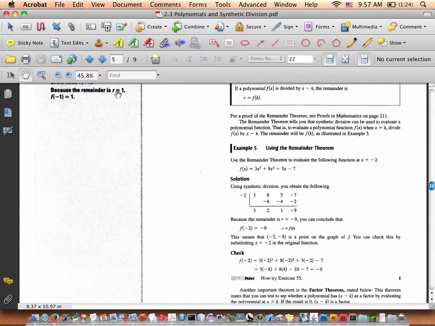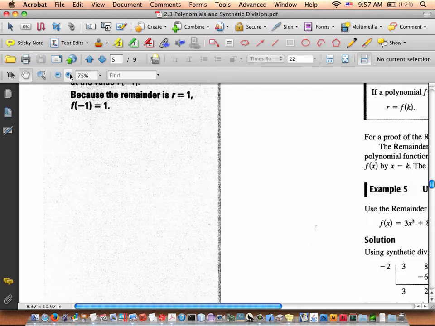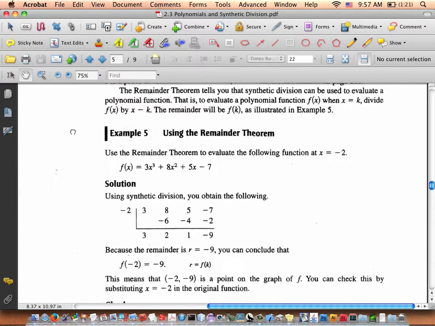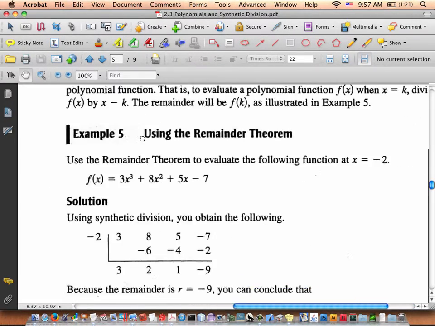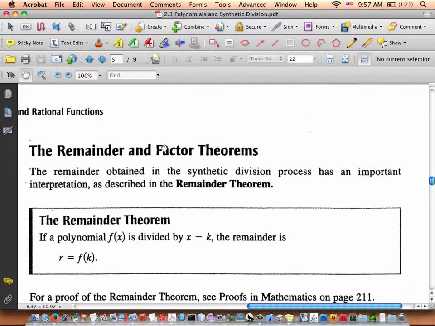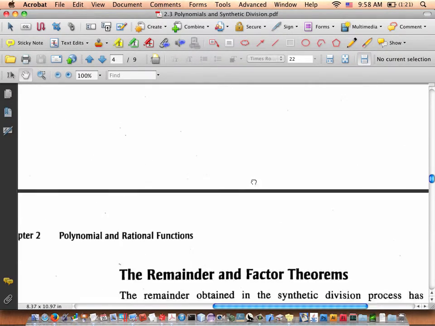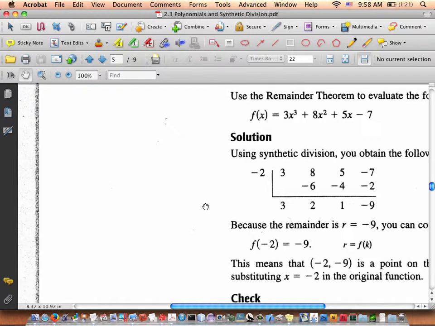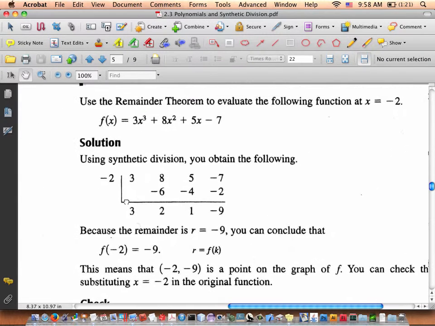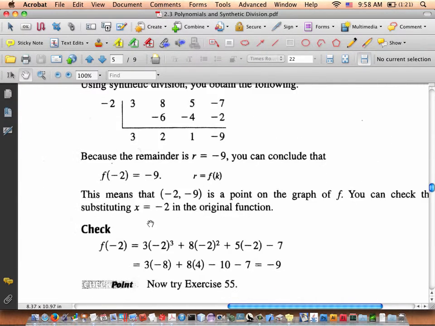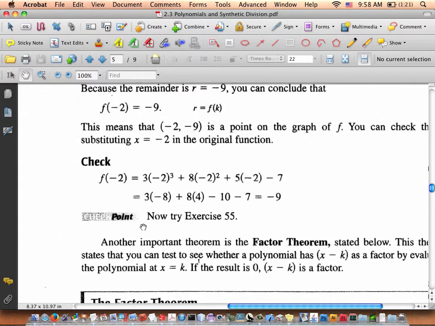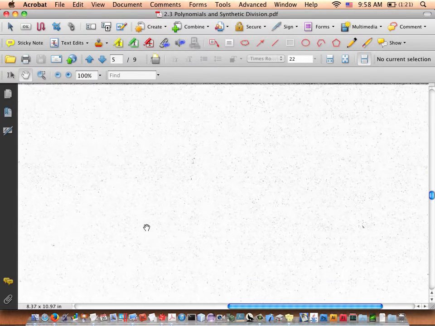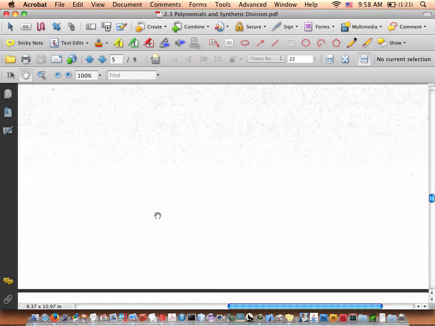Here we go. Okay, example 5 is on page 154. That's the remainder. Yeah, I don't think I want example 5.